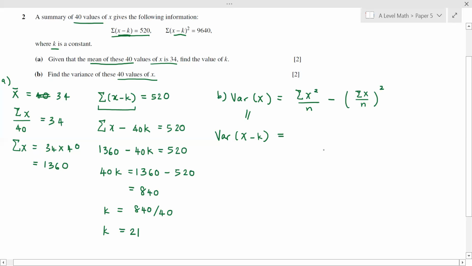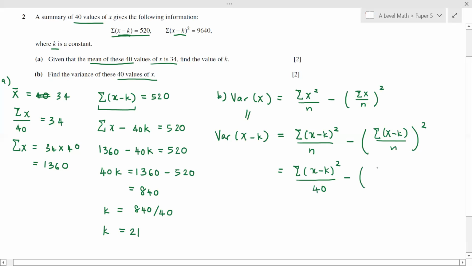So what we do is we just change this formula. We have the sum of (x minus k) squared over n, minus the square of the sum of (x minus k) over n. And since n is 40, we have the sum of (x minus k) squared over 40, minus the square of the sum of (x minus k) over 40.